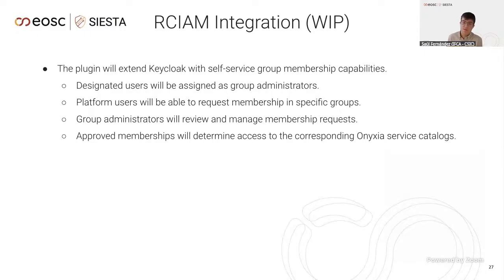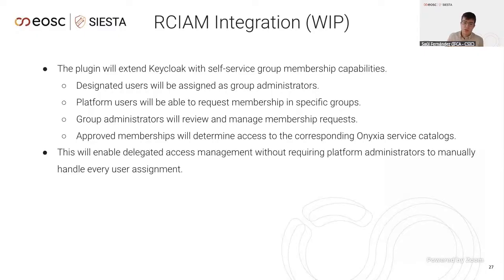This means that for each Keycloak group, we will be able to designate some group administrators, in a way in which users that want to join a group can make a request for joining that group, and the group administrator will have the rights to review that request, accepting or denying it. The idea is to delegate the access management without requiring platform administrators to manually handle every user assignment.